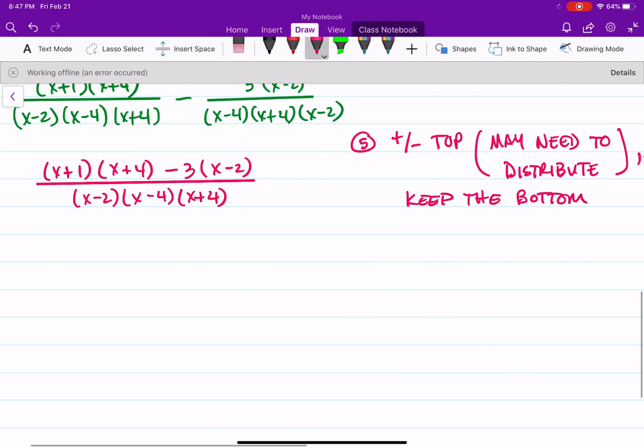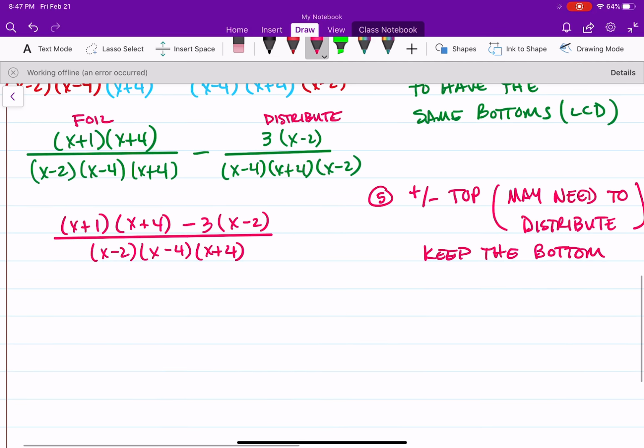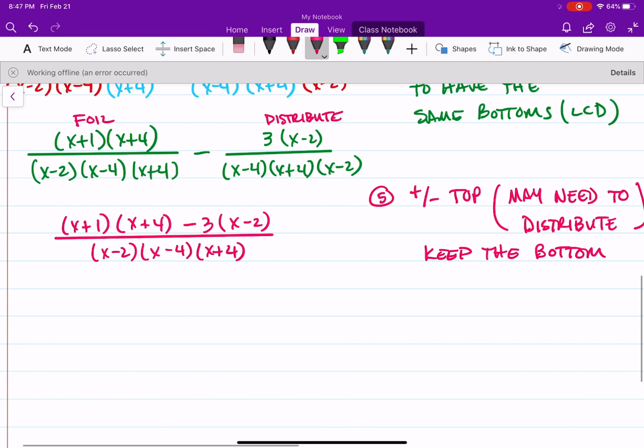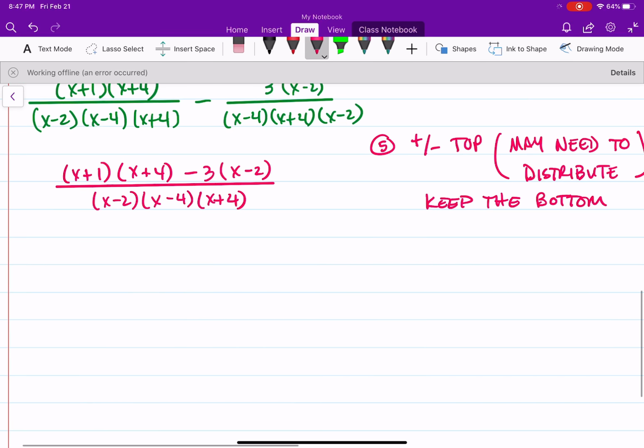So with that being said, now, as I said, I may need to distribute. So again, I go back to the top being foiling, the first part foiling, the second part distribute. When I FOIL this piece, I get x squared plus 4x plus x plus 4.